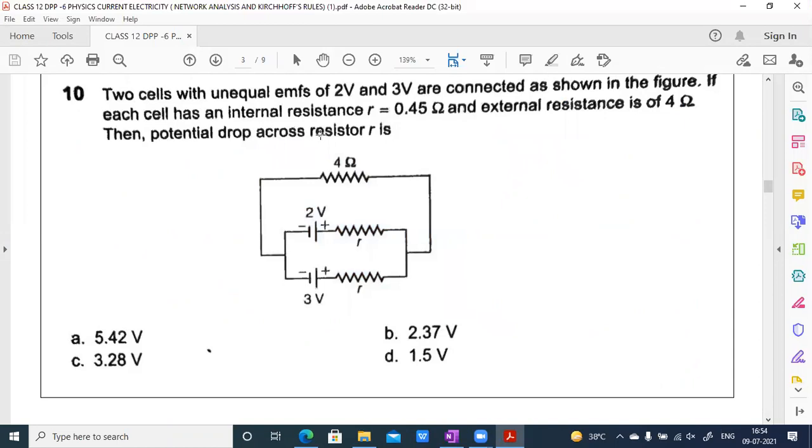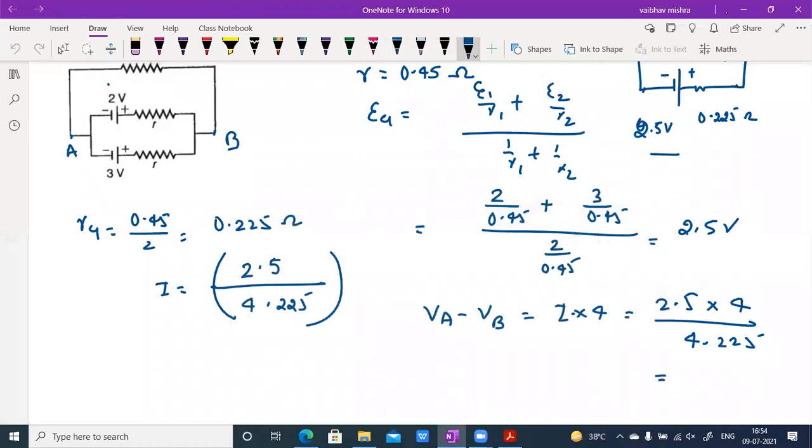So I think it's the potential drop across the resistor. It is talking about the whole thing. It's asking about VA minus VB, and this will be 10 divided by 4.225, which is 2.37. Very good. Next.